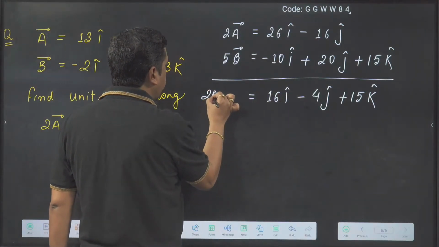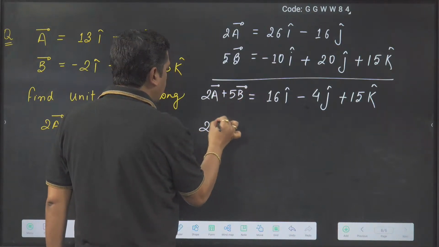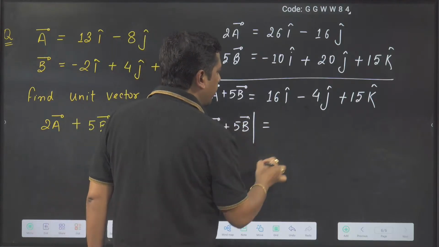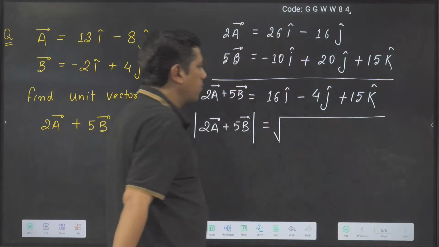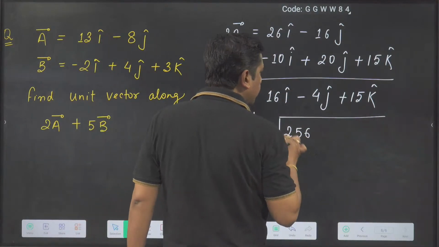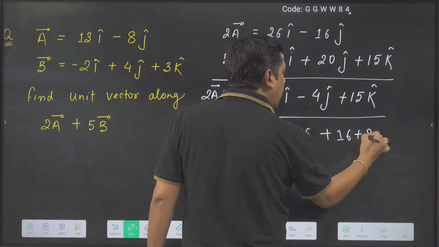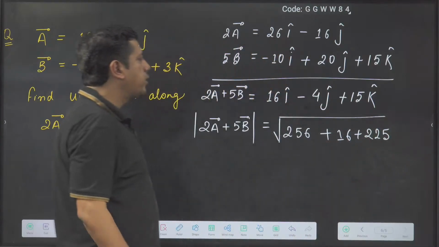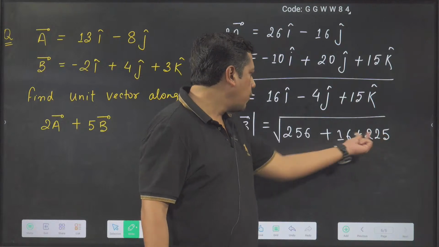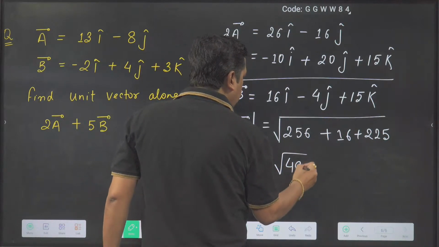Okay, this is 2a vector plus 5b vector. Now we are supposed to find its magnitude, which is under root 16 square, which is 256, plus minus 4 whole square will be 16, plus 15 square is 225. 200, 200, 400, 400, 25, 41, 41, and 56 is 97.